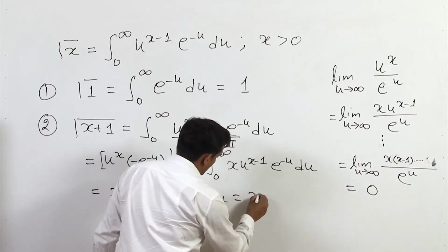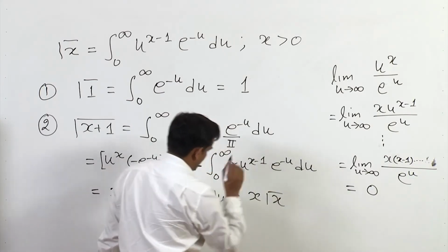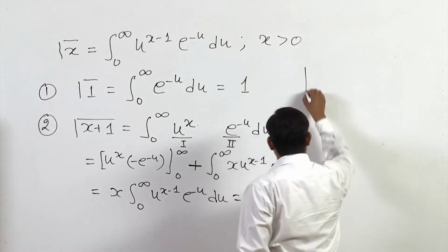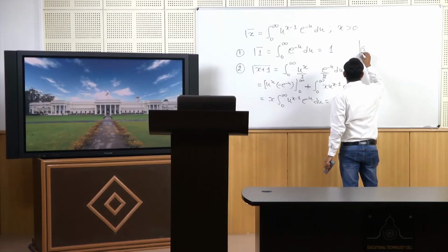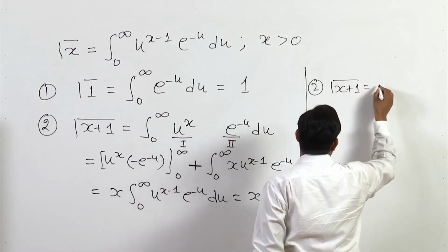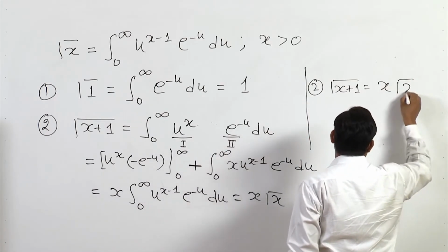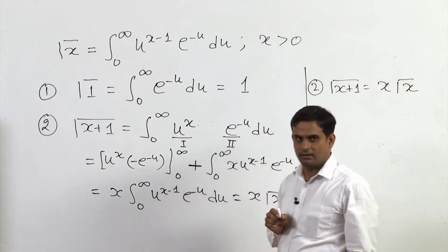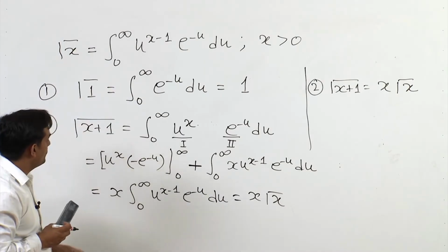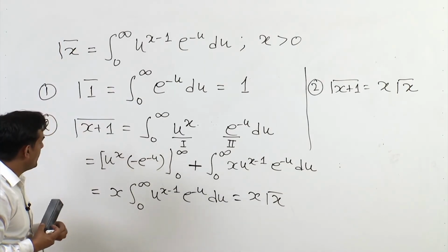So it will become x gamma x. So basically we ended up with the second property, that gamma x plus 1 equals x gamma x.